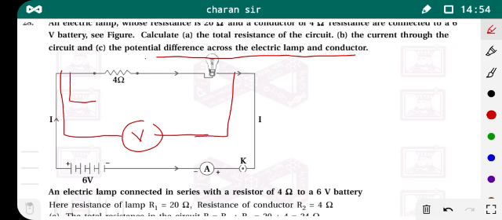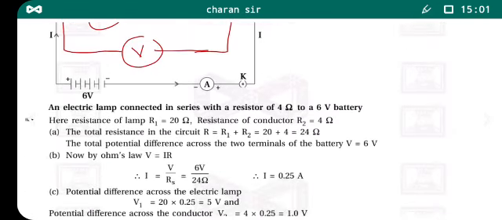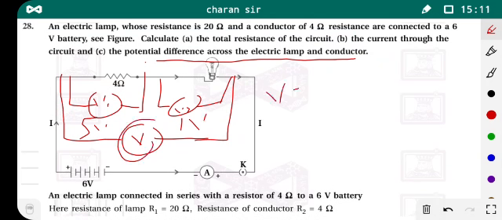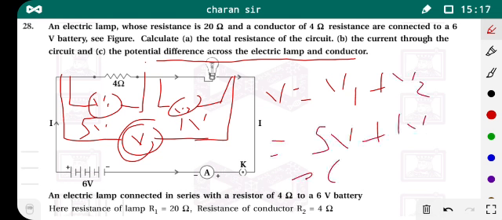Now we found the individual potential differences: V1, that is 1 volt, and V2, that is 5 volts. And what is the total potential difference? That is the summation V1 plus V2, so 1 volt plus 5 volts, that is 6 volts.